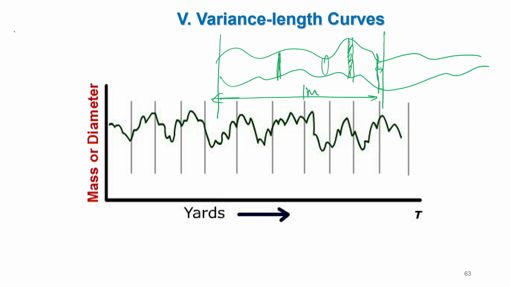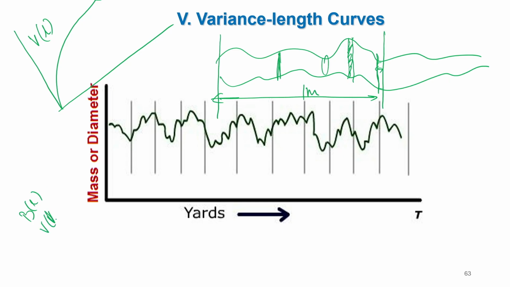So, here variability increases with the cut length, and this variation is known as the variance curve within length, or in simple terms the VL curve. So, there are two types of curves, one is BL and another is VL curve.